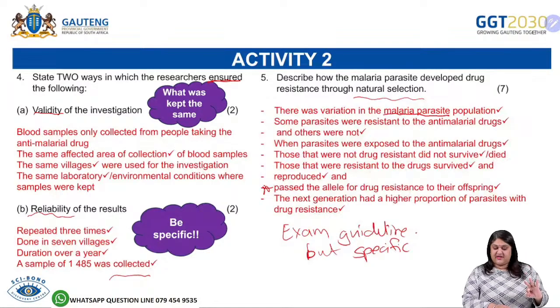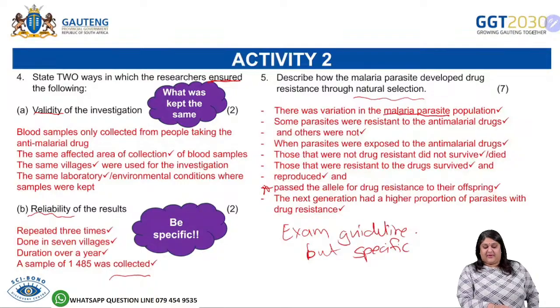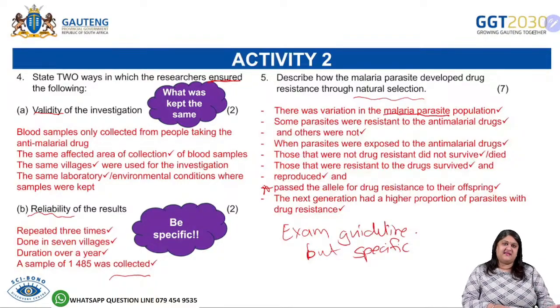They were exposed to the anti-malarial drugs. The ones that were favored survived. The ones that weren't died. And what happens? They pass down the allele. The ones that reproduce, obviously, then they're passing down that allele to the next generation. And then eventually we're going to have a higher proportion of parasites. So what happens in the end, the result is the last point. Okay, so please you must be able to apply this natural selection to any given scenario.